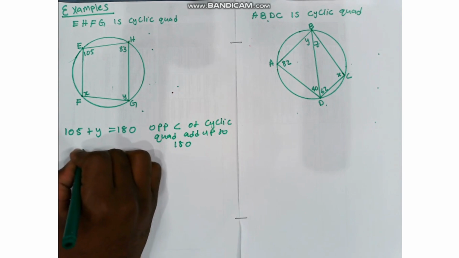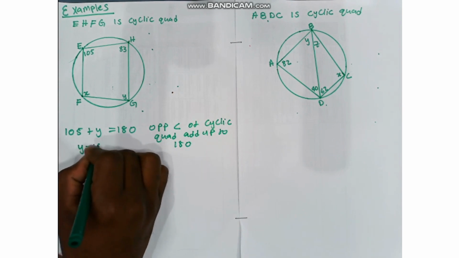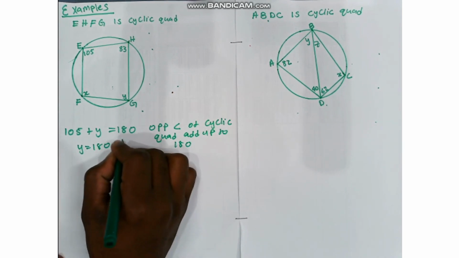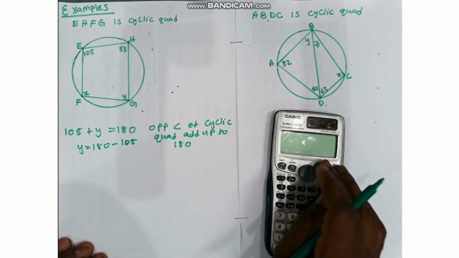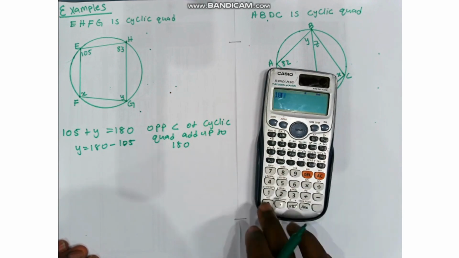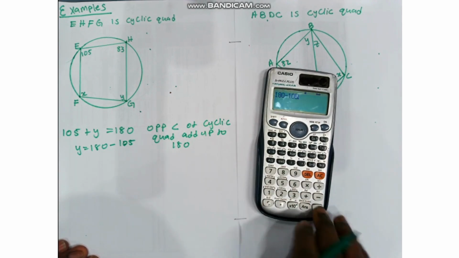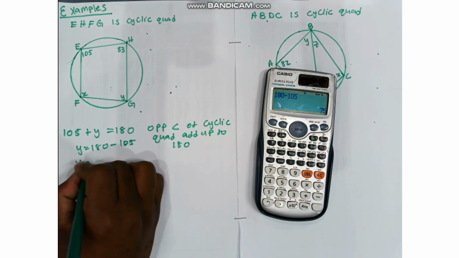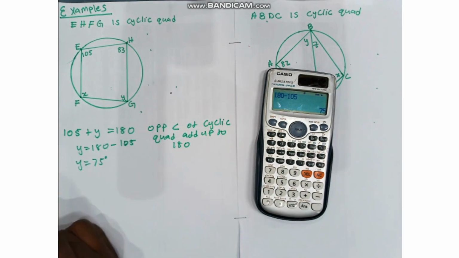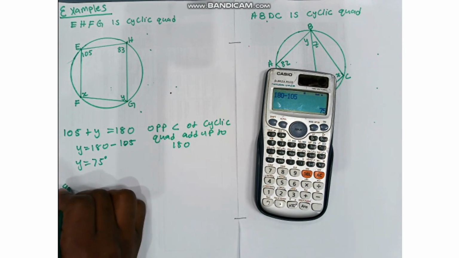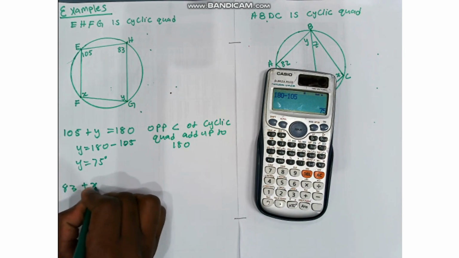And then calculating this, y is equal to 180 minus 105. 180 minus 105, y is equal to 75. Do the other one where 83 plus x is what?